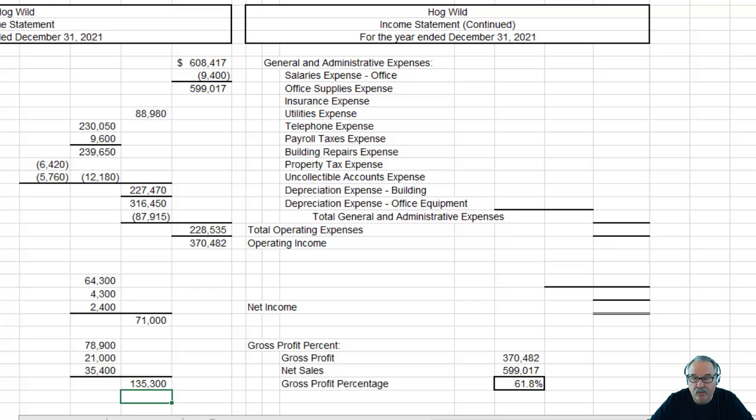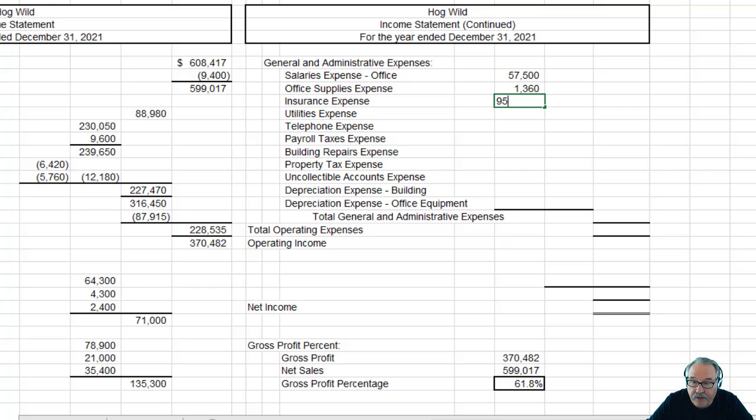Then we have a bunch of general administrative expenses. Again, if you want to pause the video and write these out, or if you abbreviate them, it's not the end of the world, but it's not a good practice. But I'm going to go ahead and plug these in. 57,500 is salary expense for the office. 1,360 is office supplies expense.